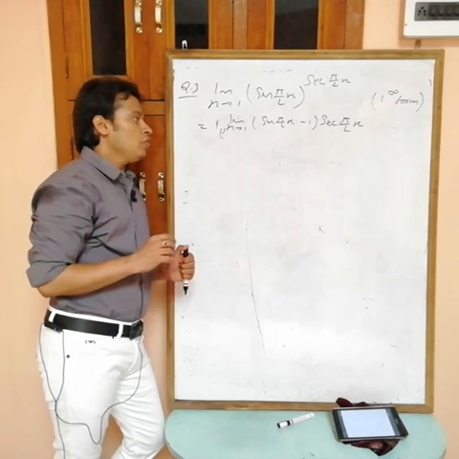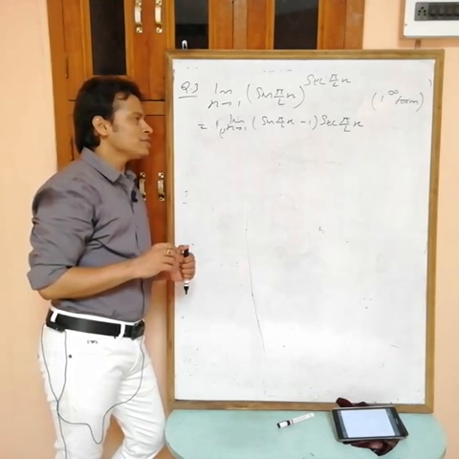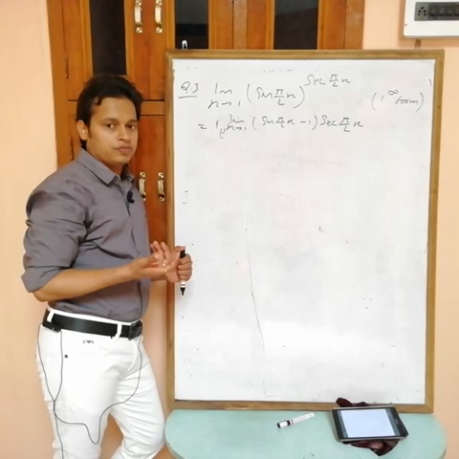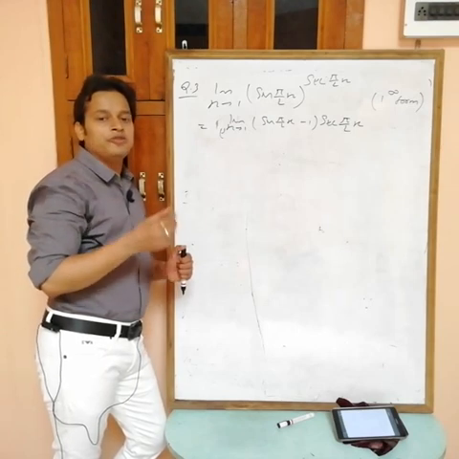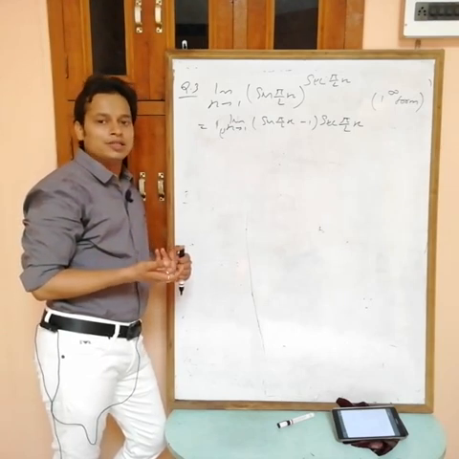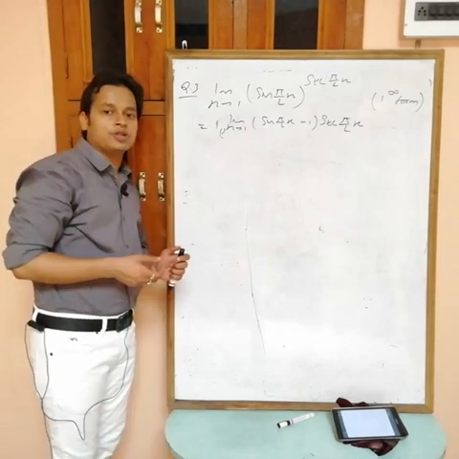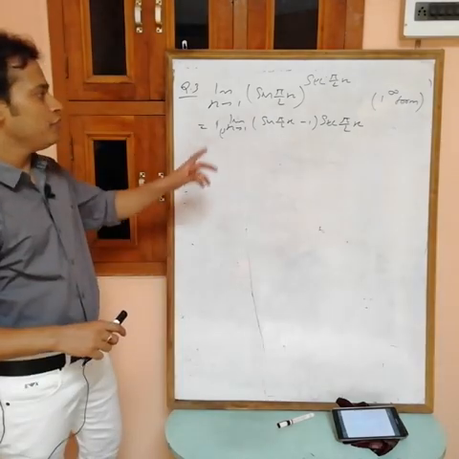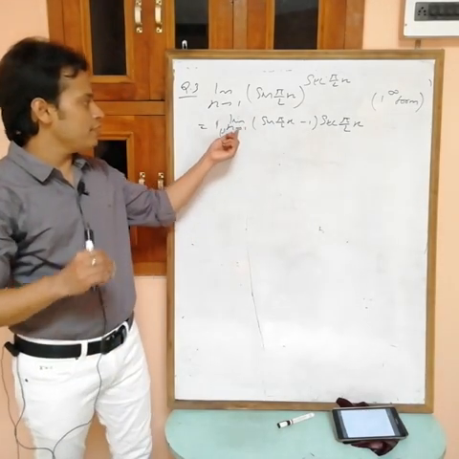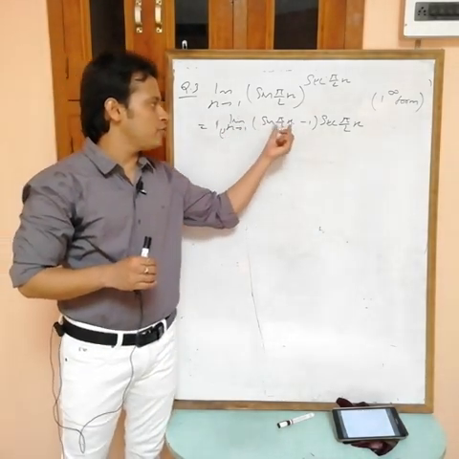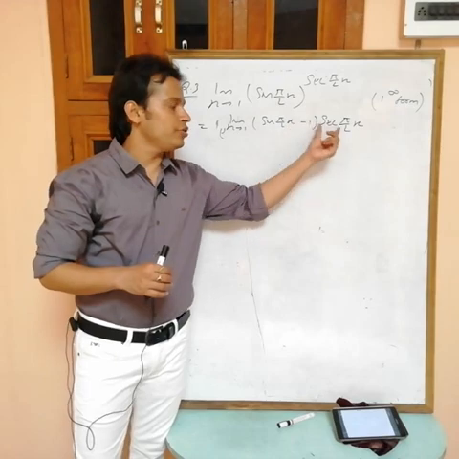Or first you can replace x as 1 plus h. For RHL 1 plus h, if you use 1 minus h, then you will get LHL, no problem. I can use substitution now. Choose anything. If you want to use this, at this time if you put x equals to 1, you will get sin pi by 2 minus 1, it means 0, 0 into infinity form.